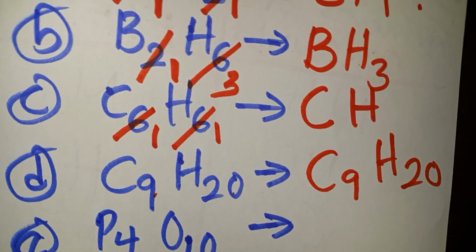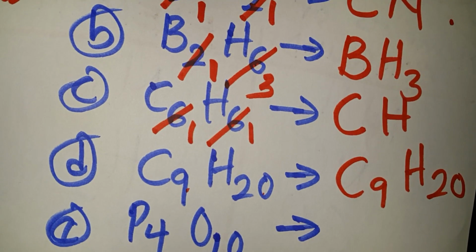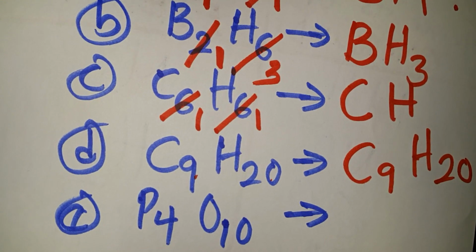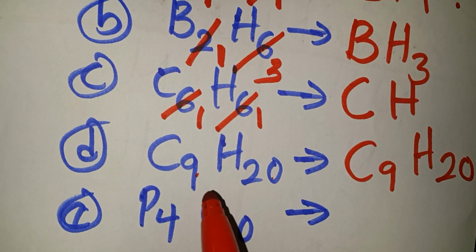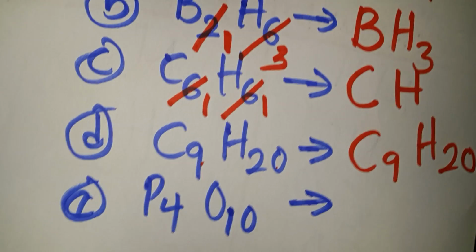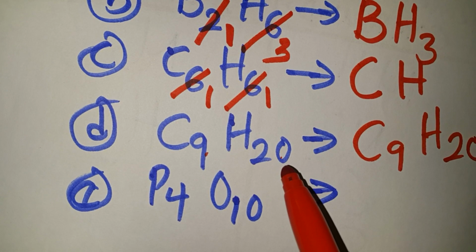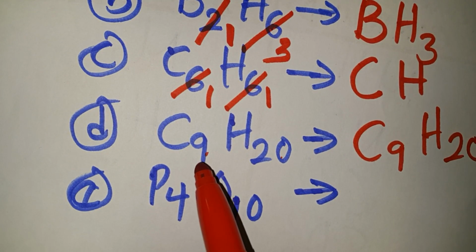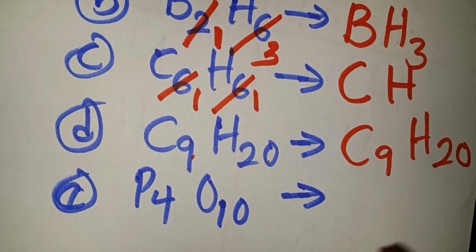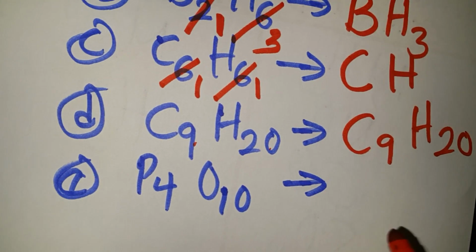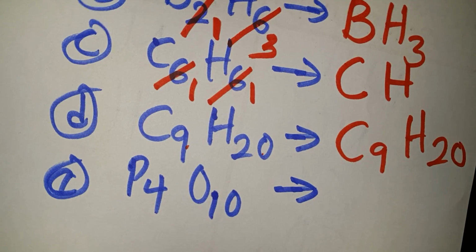Just make sure the number you'll be using will always go with both. You can't just say because 2 can go in 20, I have to ignore 9. No, it's not possible. That's not how empirical formulas work. So you have to use the number that will go in both.